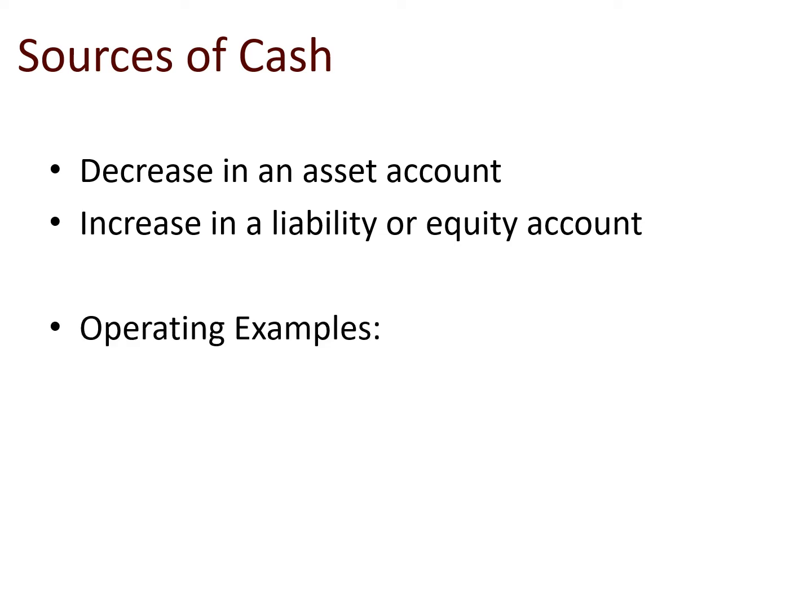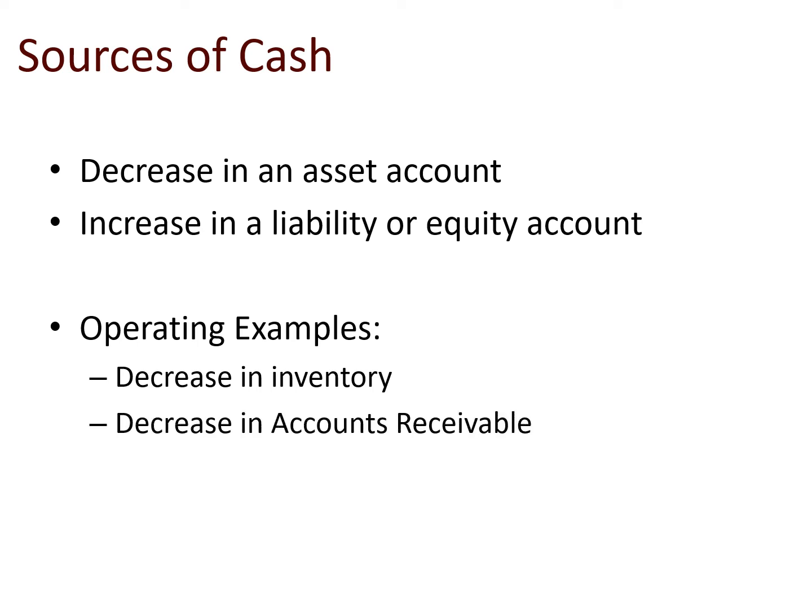Let's look at operating examples. If we're able to decrease inventory, that increases cash available to the business. A decrease in accounts receivable, in other words we collect from our customers sooner, not necessarily sell less, will increase the amount of cash available to the business.